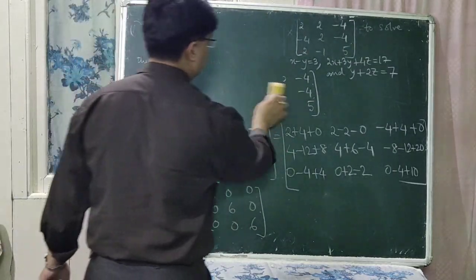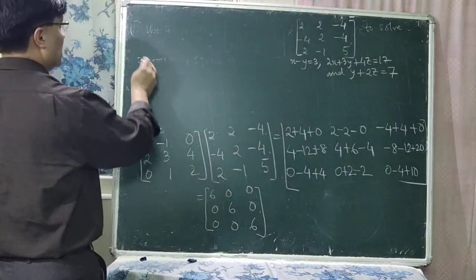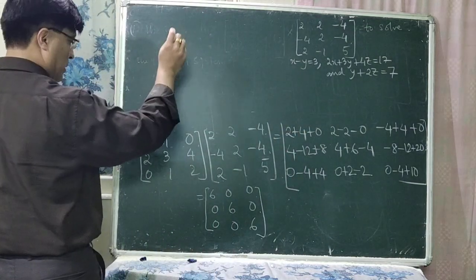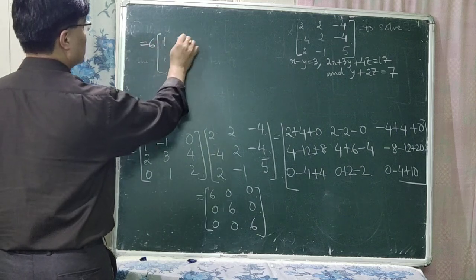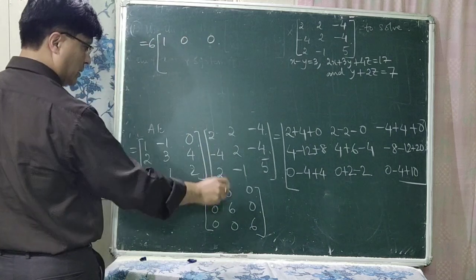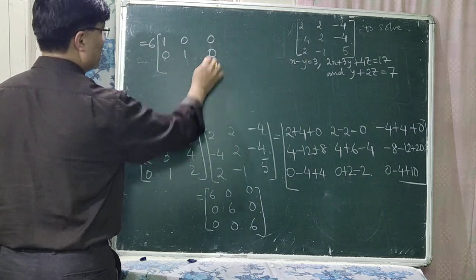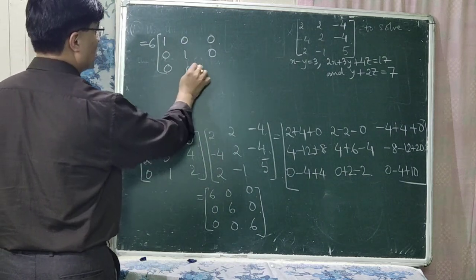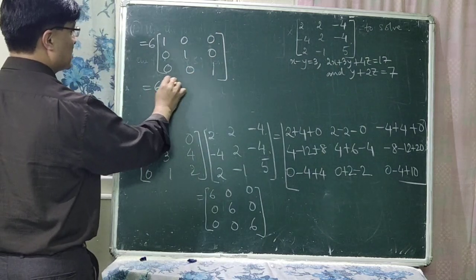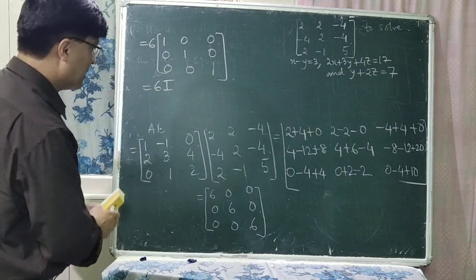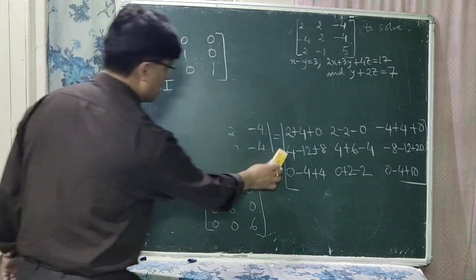What is common here? 6. So it is 6 times [1, 0, 0; 0, 1, 0; 0, 0, 1], which is equal to 6I. So we got AB is equal to 6I.